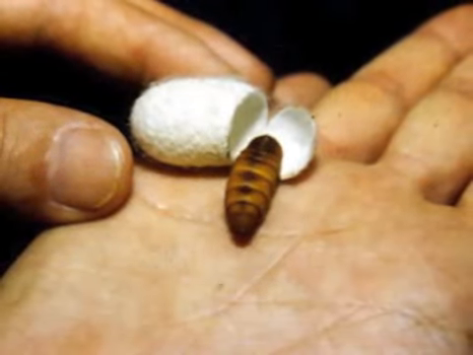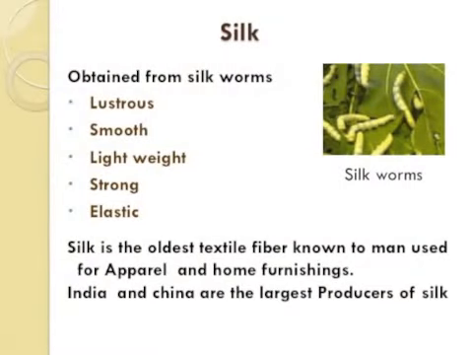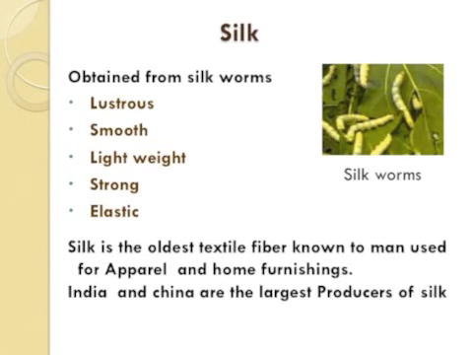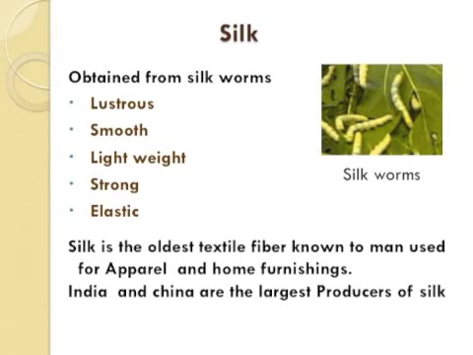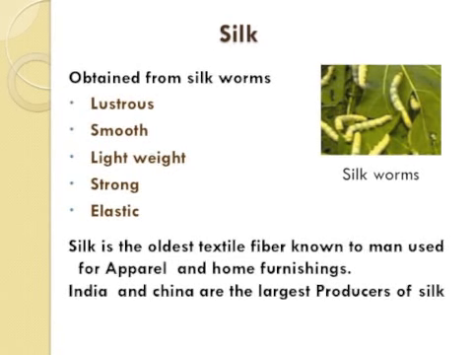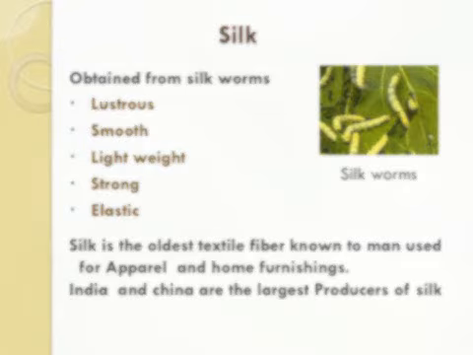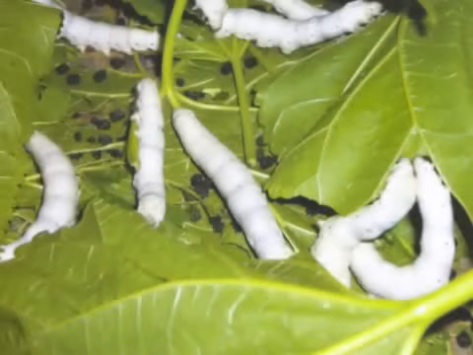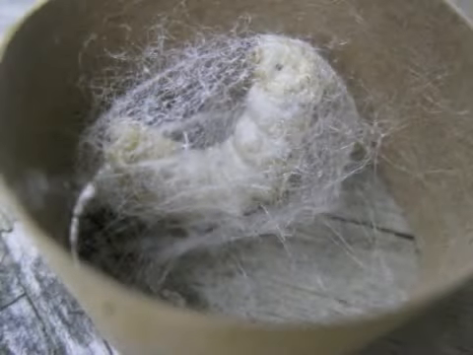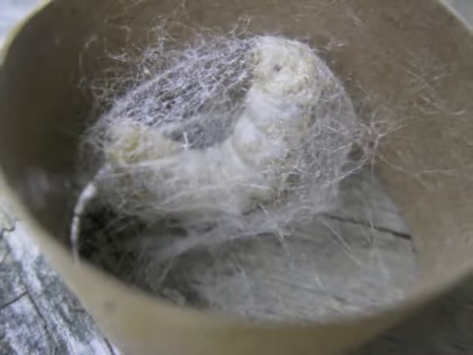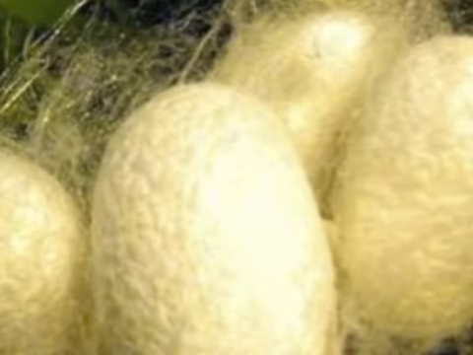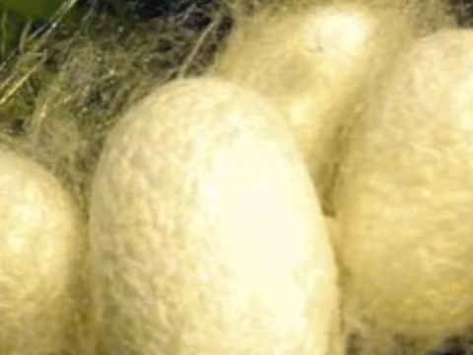Silk. Silk is obtained from the silkworm. The larva feeds on the mulberry leaves. And while it feeds on the mulberry leaves, it grows and it extracts a kind of liquid which turns around and spins on its own body.